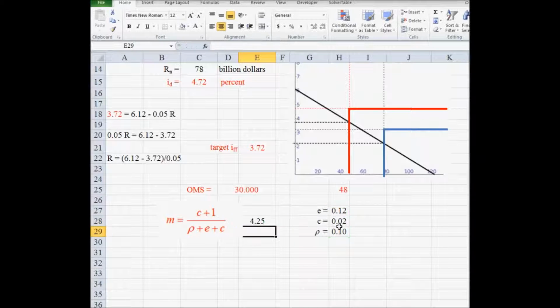So the money multiplier is 4.25. The decrease in the money supply is found by making the open market sale negative, because reserves fell from 78 billion to 48 billion, and then multiplying that decrease by 4.25. So the money supply fell by $127.5 billion.